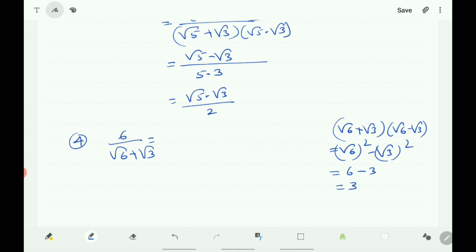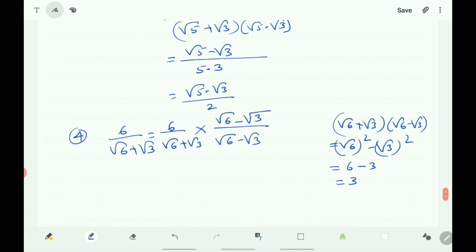So here you multiply both numerator and denominator by root 6 minus root 3 by root 6 minus root 3.